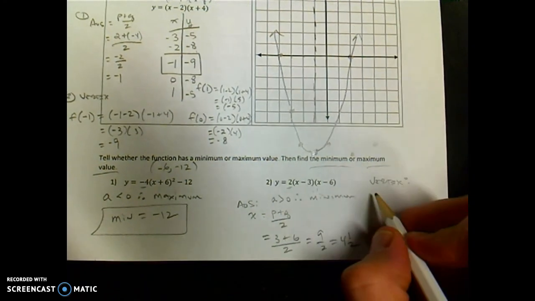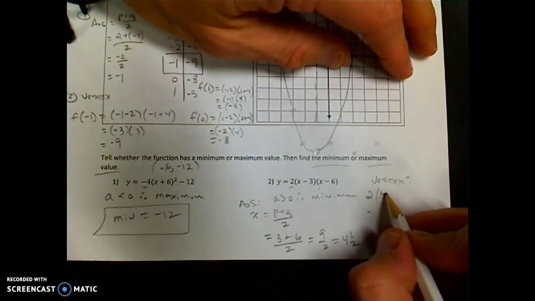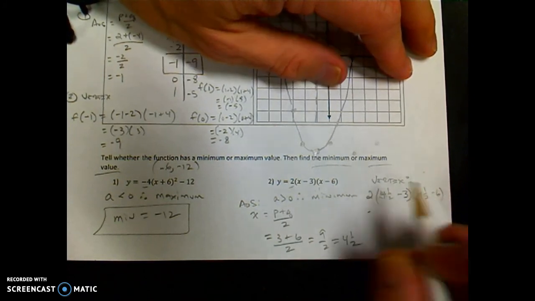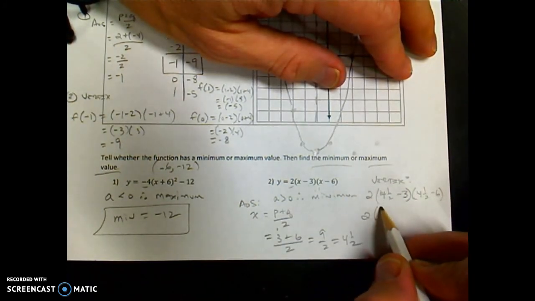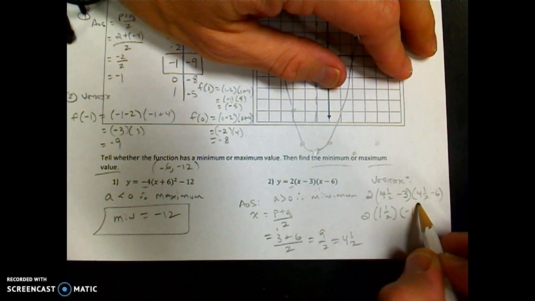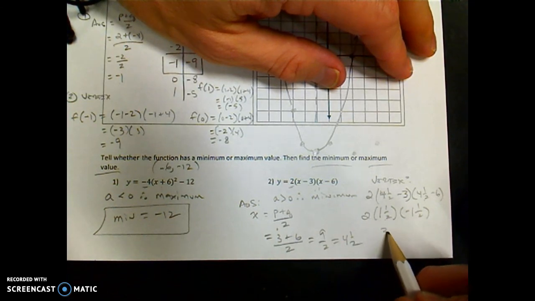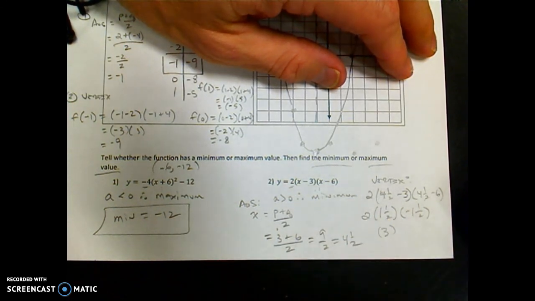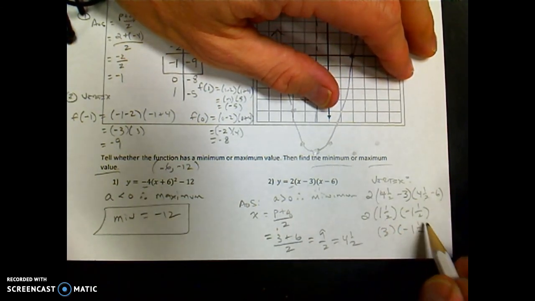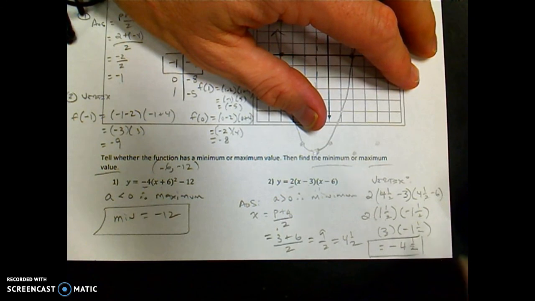To locate the vertex then, 2 times 4.5 minus 3 times 4.5 minus 6. 2 times 1.5 times negative 1.5. We could actually multiply right on through. 2 times 1.5 is 3. Times negative 1.5, I'm going to have negative 4.5 for my minimum value.